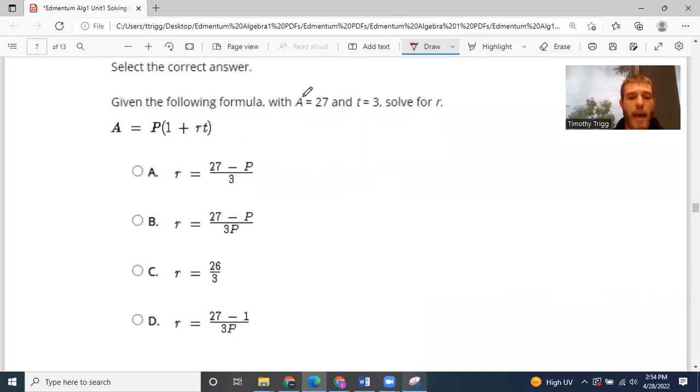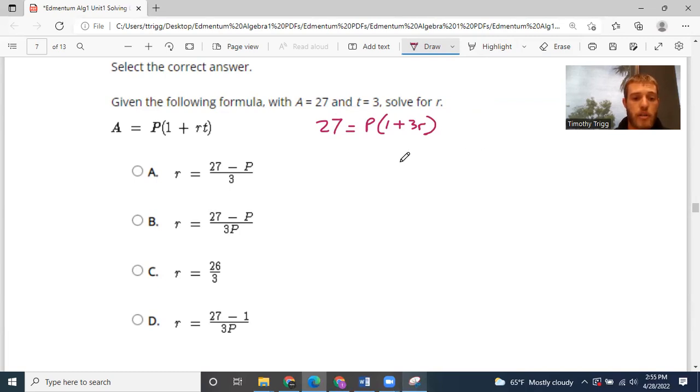Given the following formula, A equals 27, T equals 3, solve for R. So I could replace A with 27 equals P, I don't know, it doesn't tell us what P is. Then we have 1 plus R times T. T is 3. So I'm just going to write 3R instead. Plus 3R, like this.